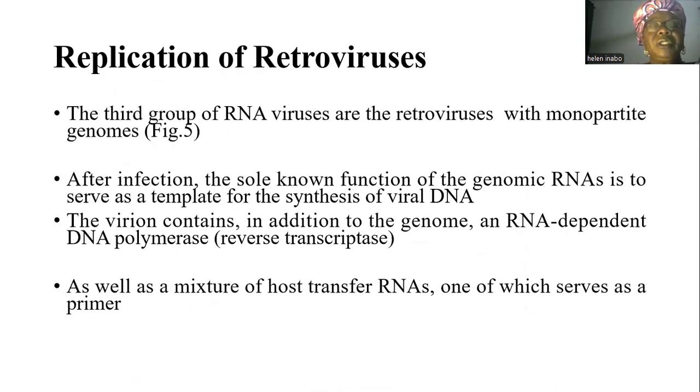Replication of retroviruses. The third group of RNA viruses are the retroviruses. After infection, the sole known function of the genomic RNAs is to serve as a template for the synthesis of a viral DNA. The virion contains, in addition to the genome, an RNA-dependent DNA polymerase, which is actually a reverse transcriptase, as well as a mixture of host transfer RNAs, one of which serves as a primer.